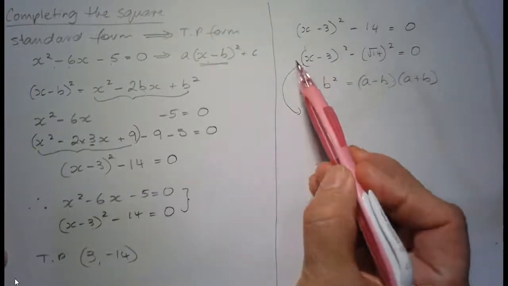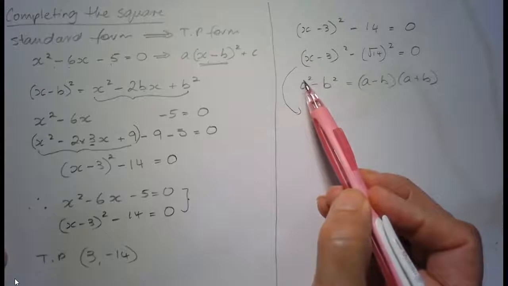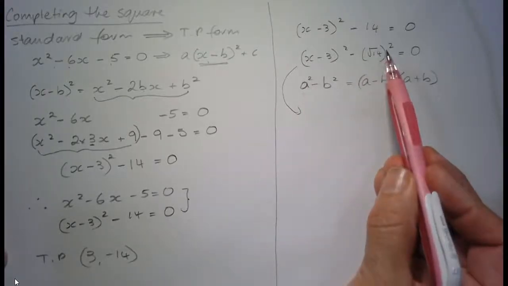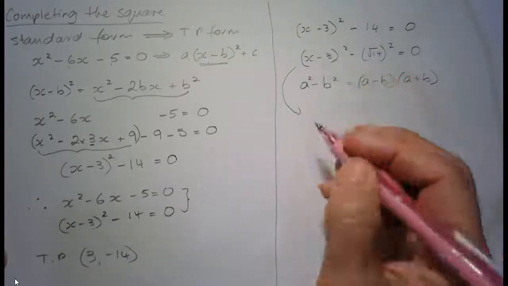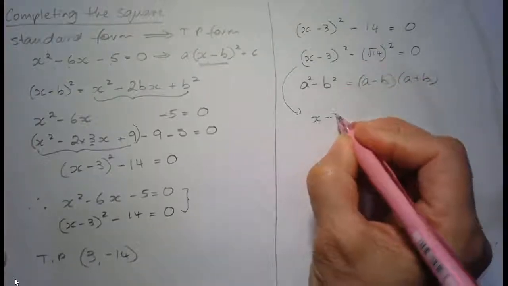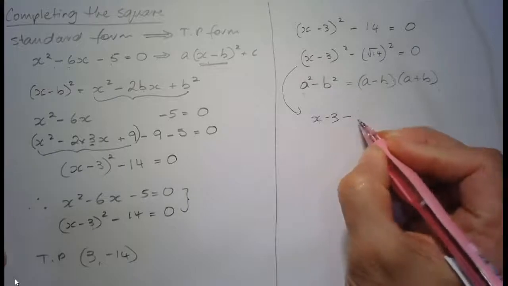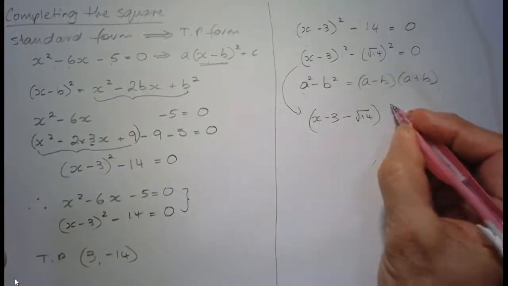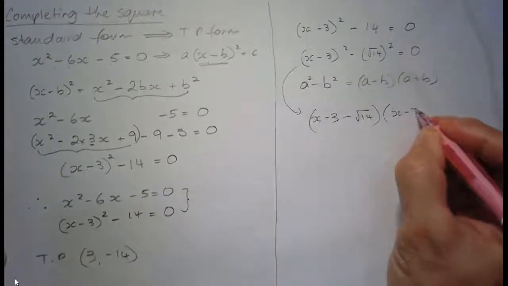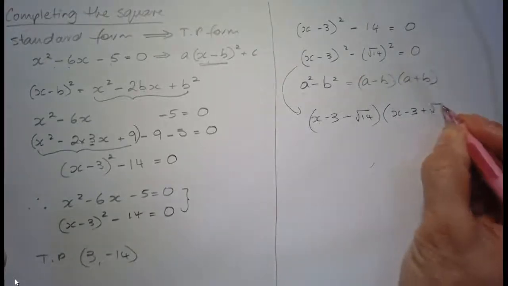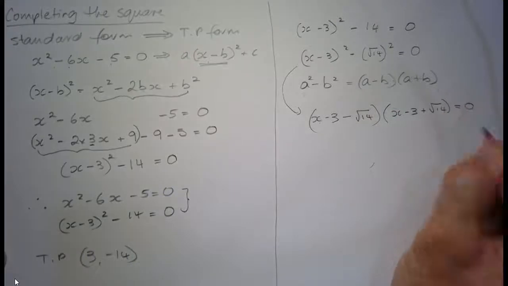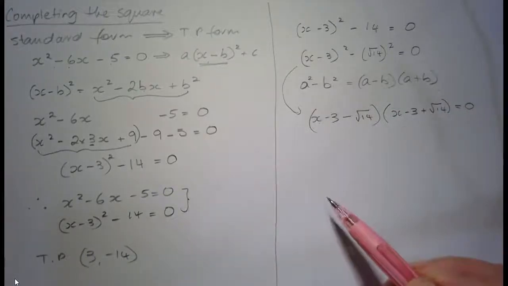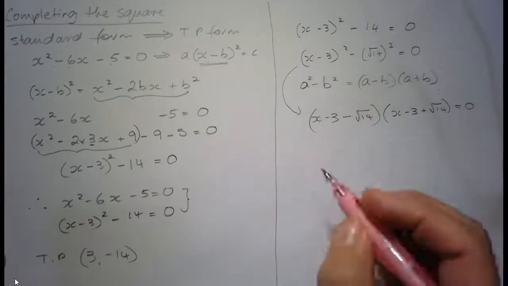So if I think of my (x - 3) as a and my square root of 14 as b, I can rewrite that as (x - 3 - square root 14) multiplied by (x - 3 + square root 14) equals 0. So this allows me then to find my two solutions for my quadratic.